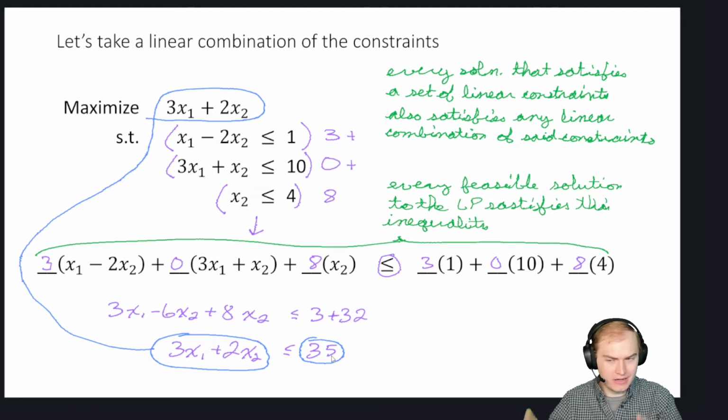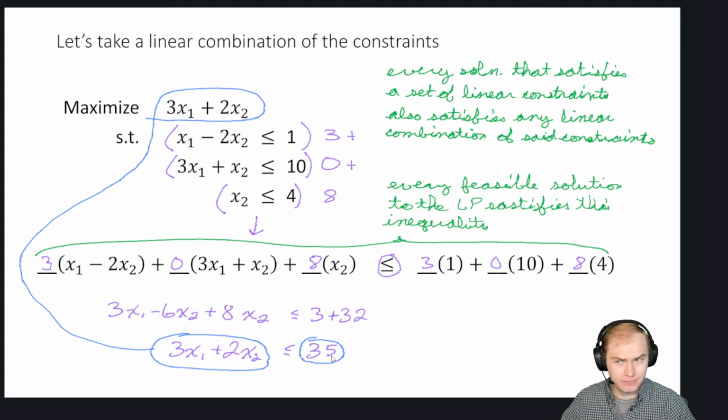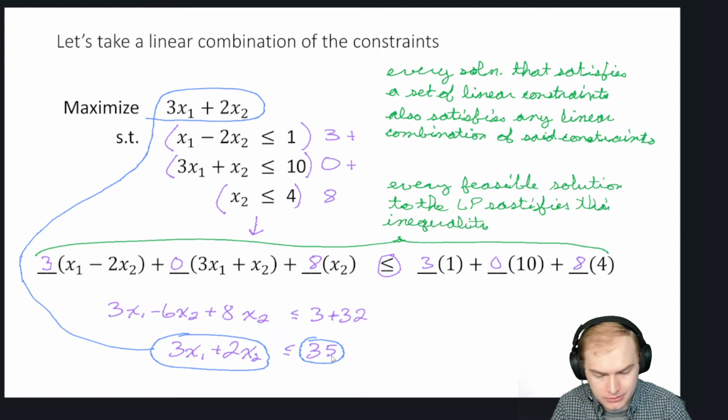Our left-hand side happens to equal the objective function, and because we have less than or equal to's everywhere, that objective function is less than or equal to the right-hand side of our linear combination. So let's do another example linear combination and see what shows up. See if we can make a little more sense out of this.